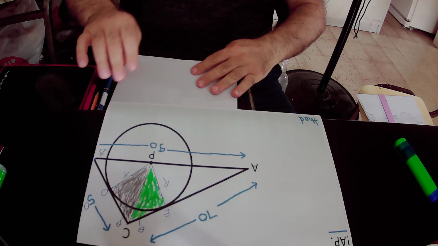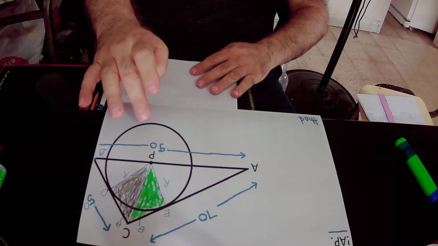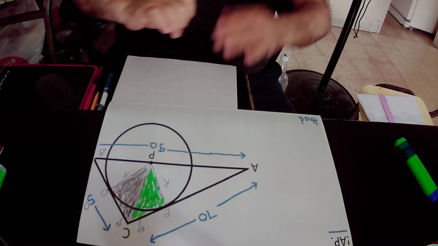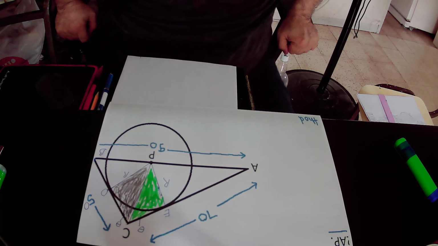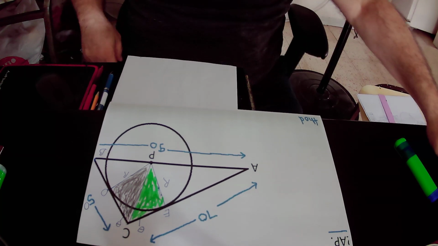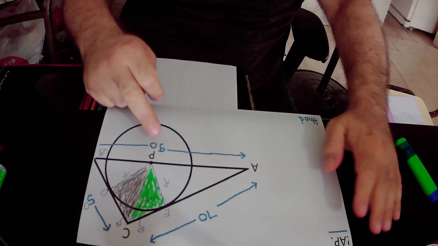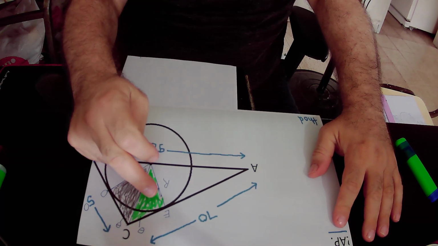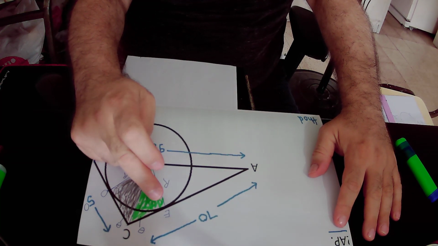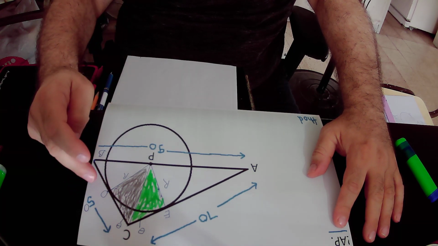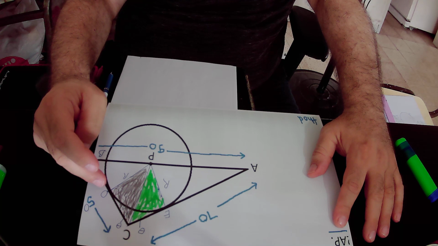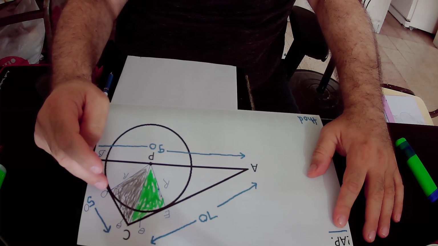We have also a circle whose center is P, and side AC of the triangle is tangent to the circle at point E, and side BC of the triangle is tangent to the circle at the point O.